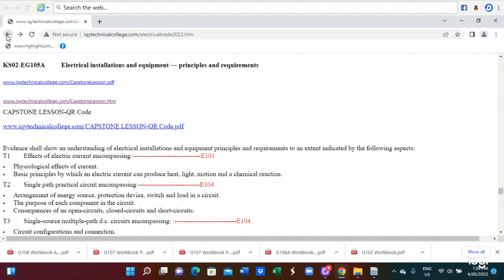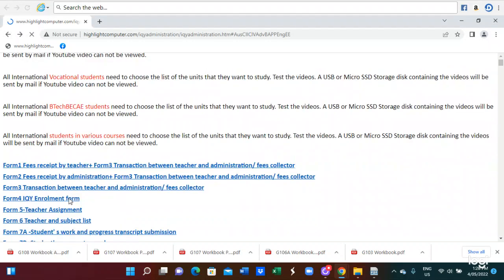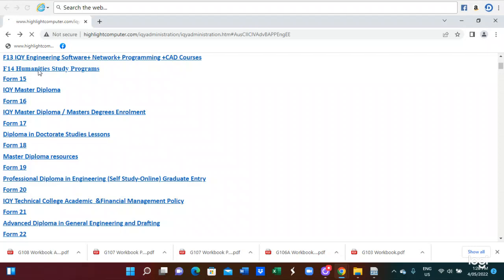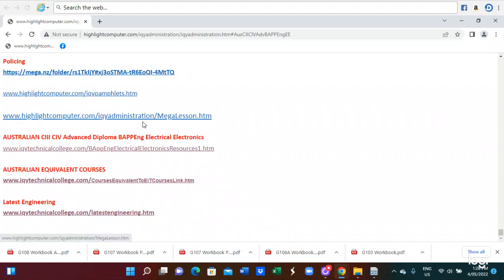So this website is for the Bachelor of Applied Engineering, Electrical Electronics. On the website, you will see this is the website.